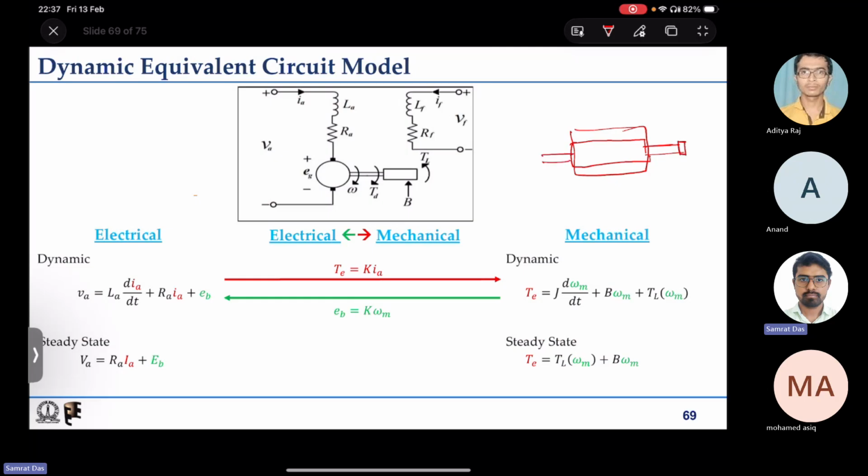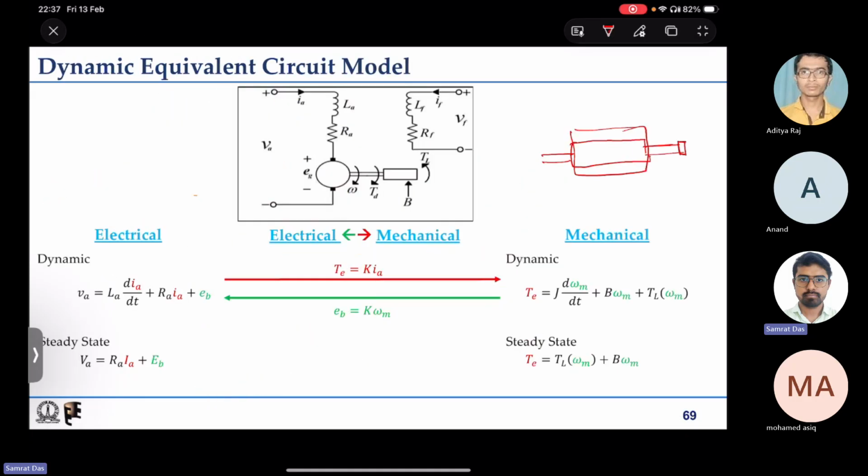Only thing is the shaft is not coupled to any load, and it is rotating. Now you understand that if you rotate at lower speed, the friction will be lower. If you rotate at higher speed, the friction will be higher. Simple aerodynamic friction, because of friction with air.